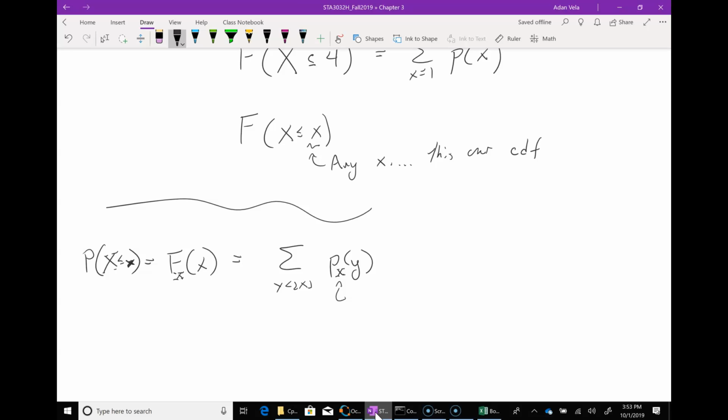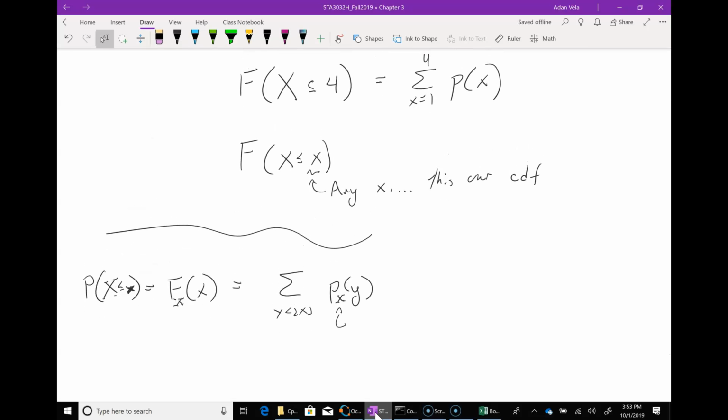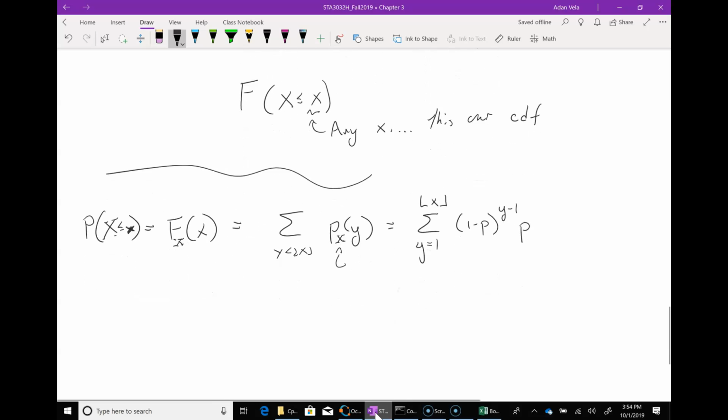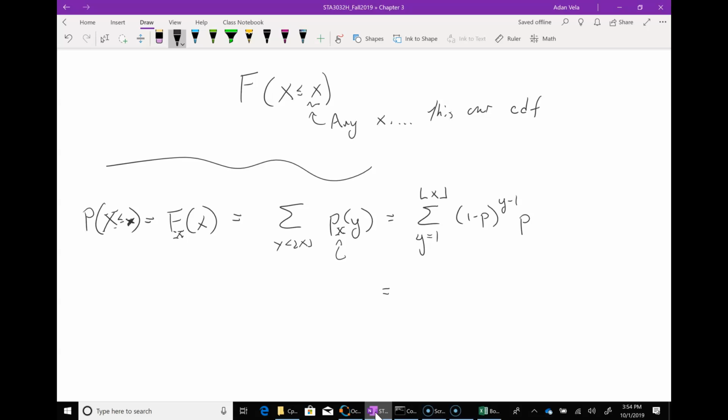Okay, so again, we already have what this probability distribution function looks like. Okay, so I can be a little bit more formal and start filling it in. Because we're summing over y, we can actually pull out this p.